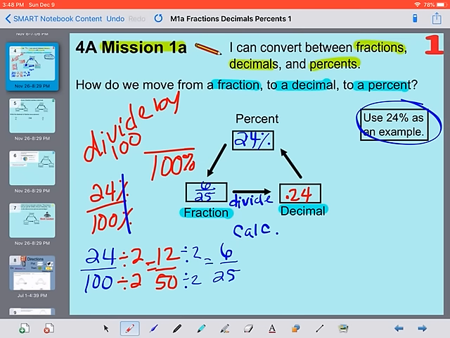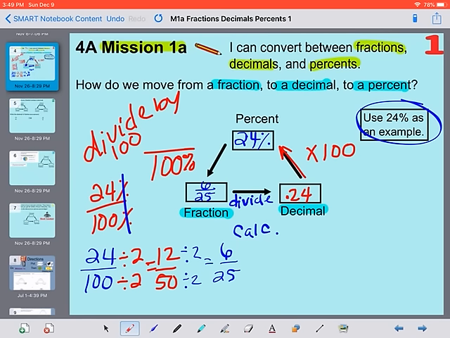So if I have a decimal, and let's say I want to go back to a percent, this is 0.24. To get to a percentage, we are going to multiply by 100. So this is 0.24 as a decimal, or 24 hundredths. So if we multiply by 100, we will get back to our percentage.